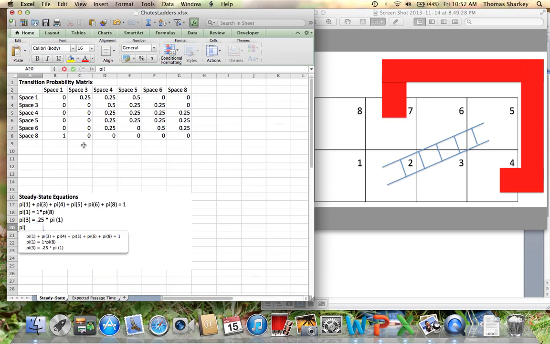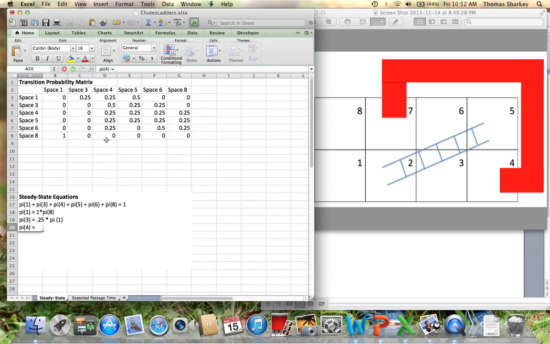Pi of 4 is a little more complicated because we have a lot of entries in the column associated with space 4. Basically, the only space from which we can't go in one step to space 4 is space 8. So for pi of 4, we look at the entries in the column associated with space 4.